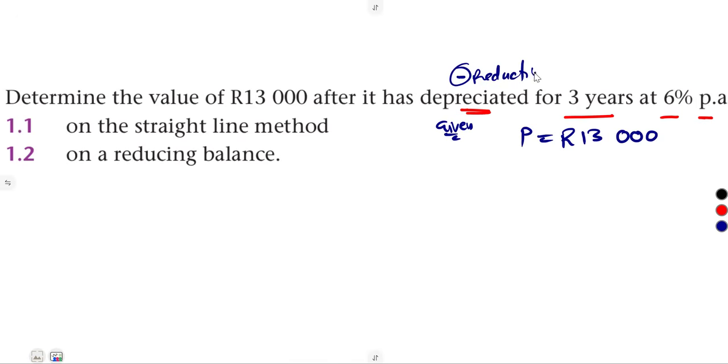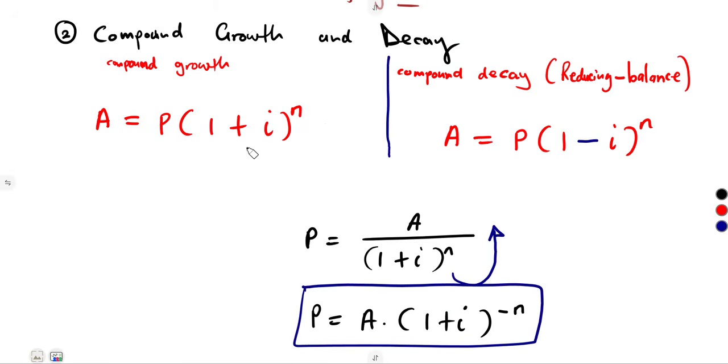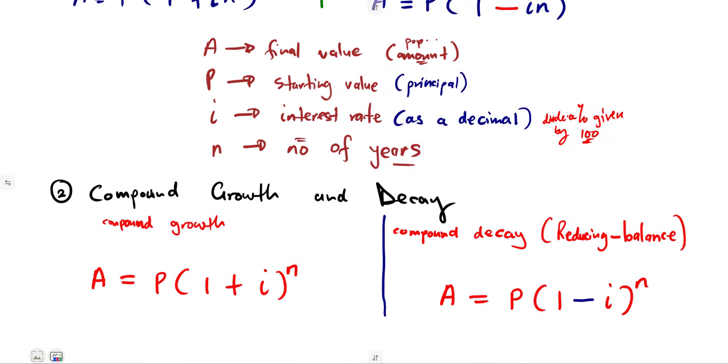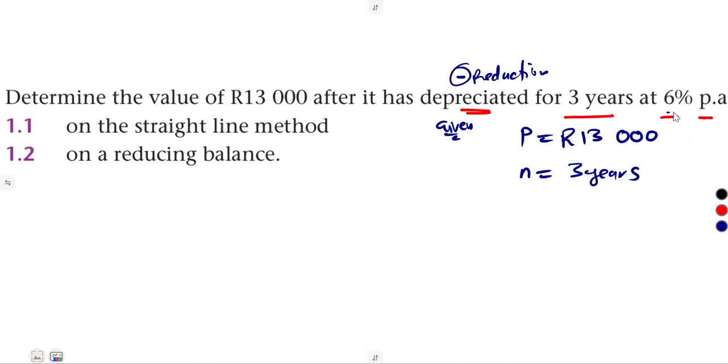For 3 years, that's n. Remember, n represents the number of years. At this percent per annum, so that's our interest rate, 6%. That's 6 over 100, which is going to give us 0.06 per annum. That is the condition. So we have this information.